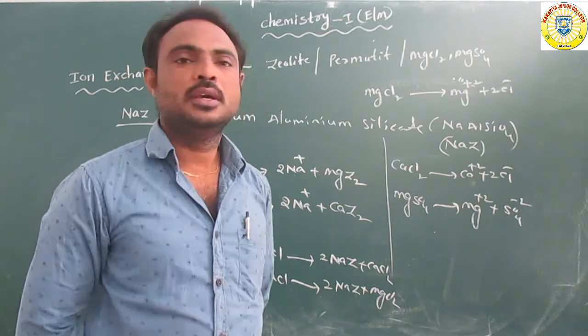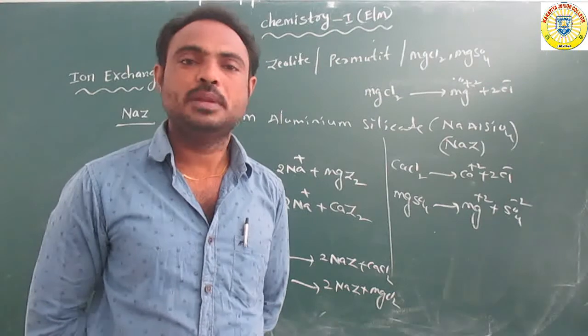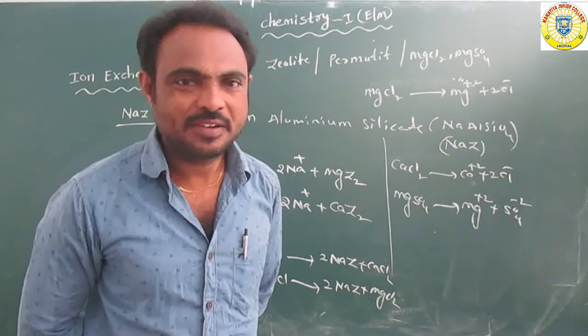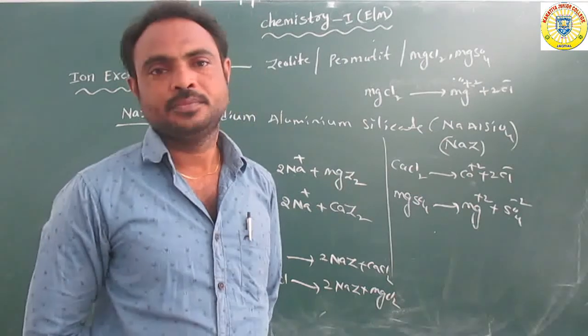Calcium sulfate is converted to Ca plus 2 plus SO4 minus 2, and calcium chloride to Ca plus 2 plus 2Cl minus.